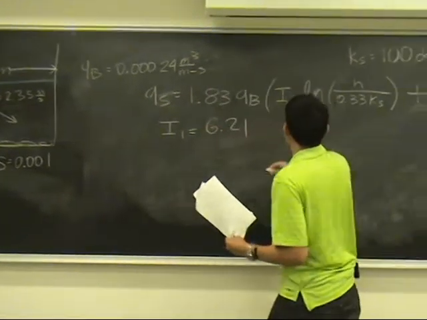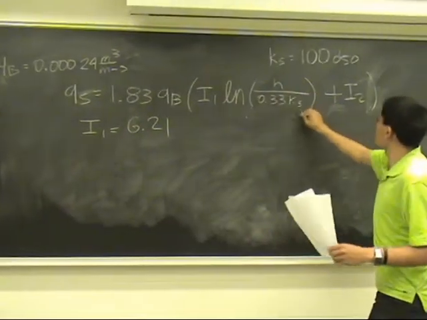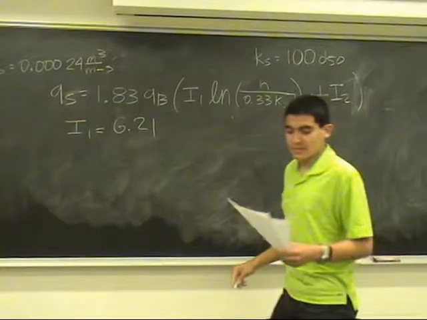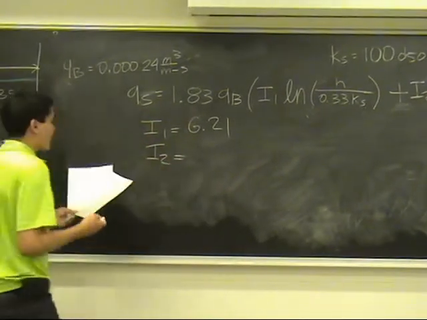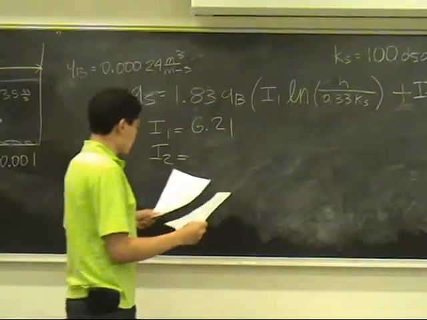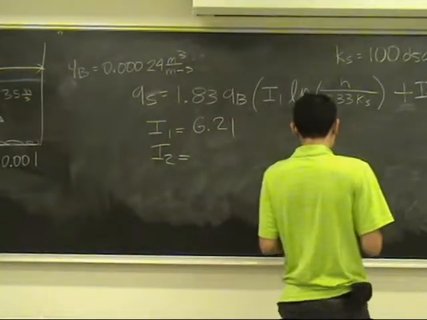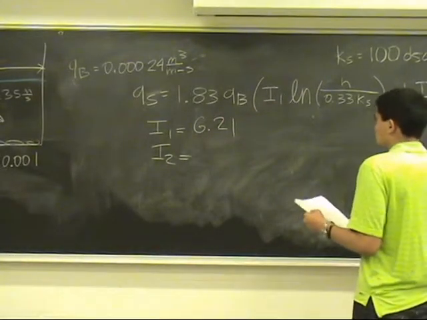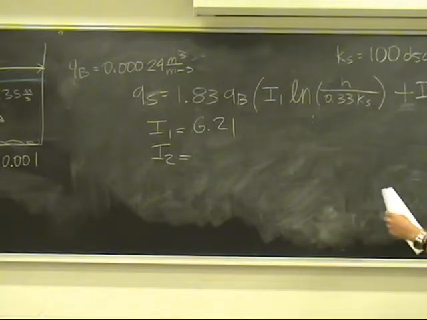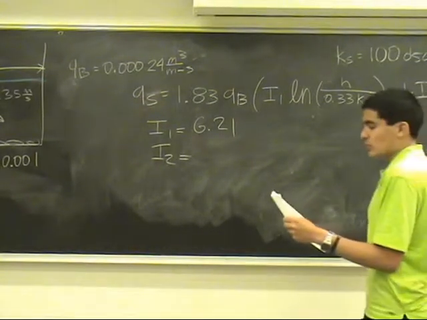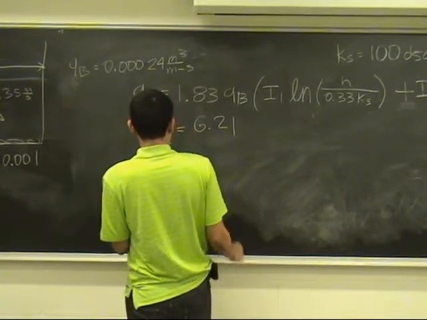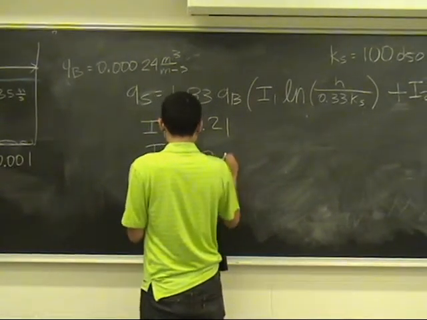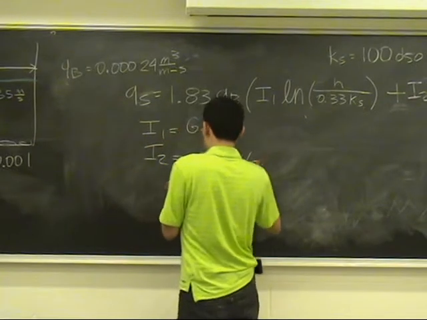6.21. So H, we know, Ks, we know, I2. Next step, we're almost there. I2. What does that equal? According to Einstein, the I2 formula is actually very similar to the I1 formula. I'll copy it again for clarity purposes.